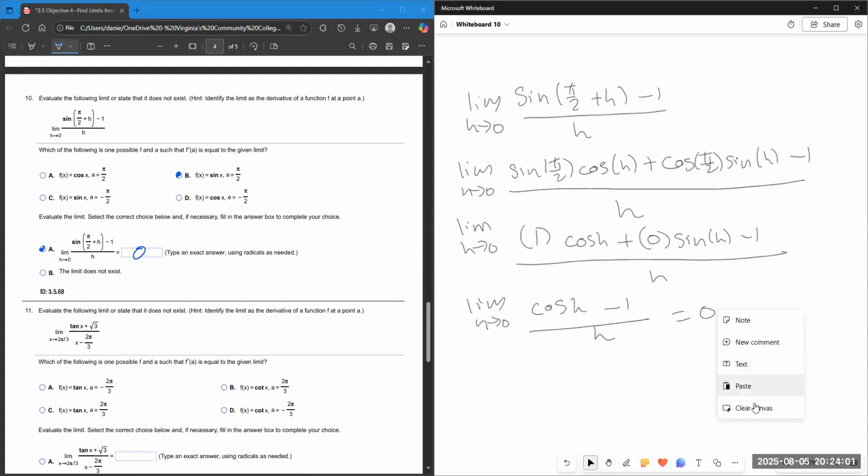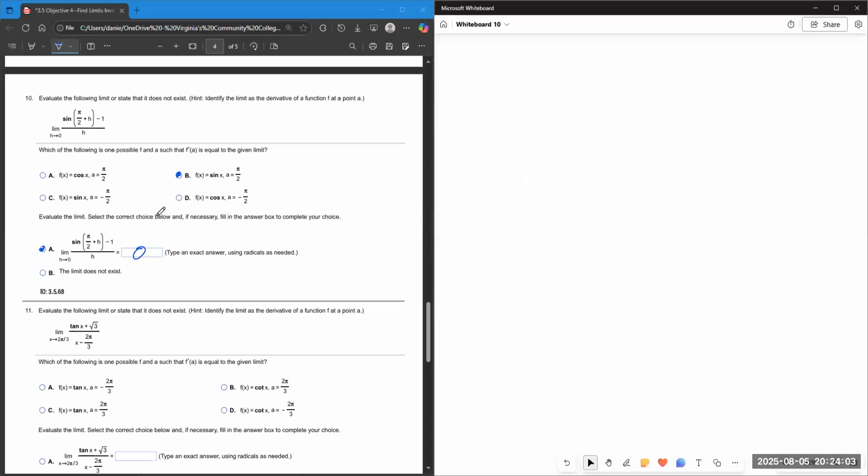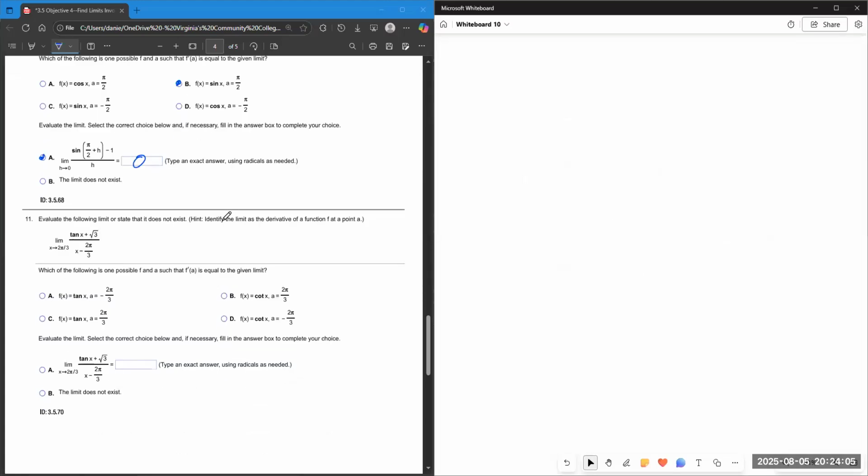All right, let's look now at number 11, and it is the limit as x goes to 2 pi over 3 of tan x plus root 3 over x minus 2 pi over 3.